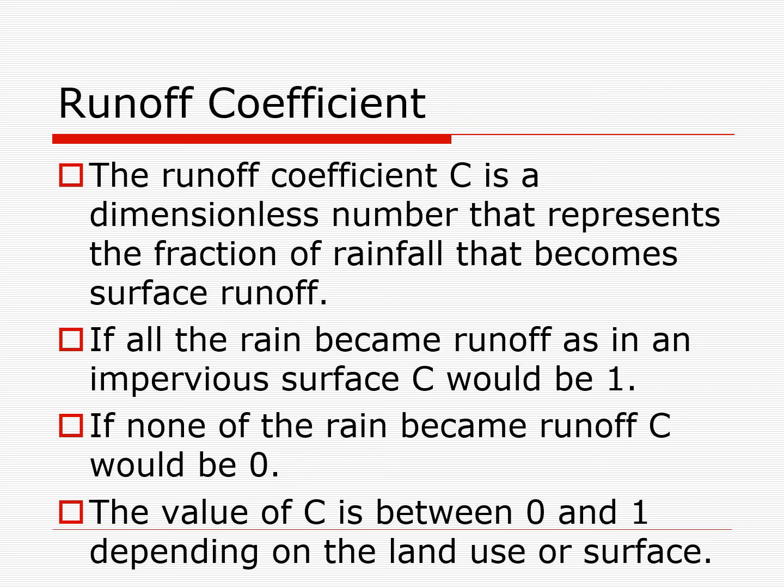If none of the rain became runoff, C would be equal to 0. Now, in reality, for pretty much any area, the value of C is between 0 and 1, depending on the land use or the surface of that area.